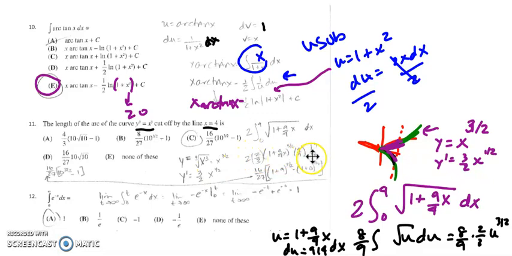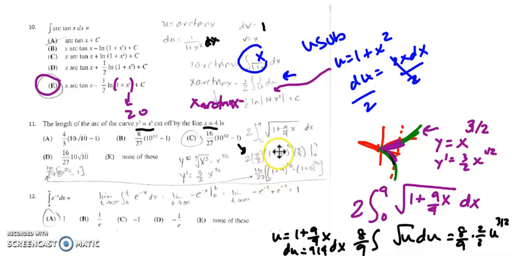I said, let's switch it back to 1 plus 9/4 x instead of u, and I have the 3/2 here, here's my 2/3, here's my 2, and here's my 4/9. And I got that 8/9 by multiplying through, but this matches here. And then I use my original limits of integration from 0 to 4. If I plug in 4, this nicely just goes to 9, so 1 plus 9 is 10 to the 3/2.